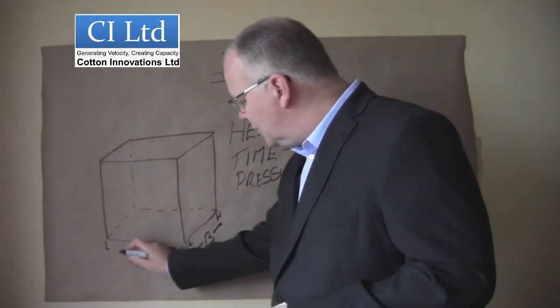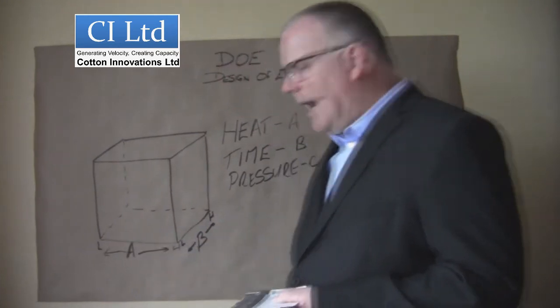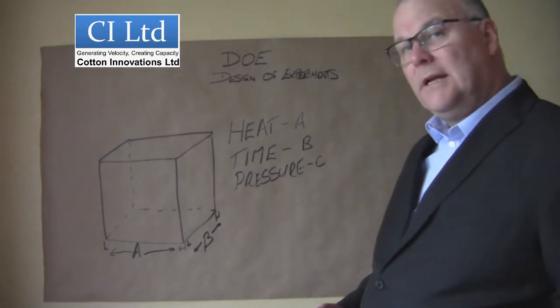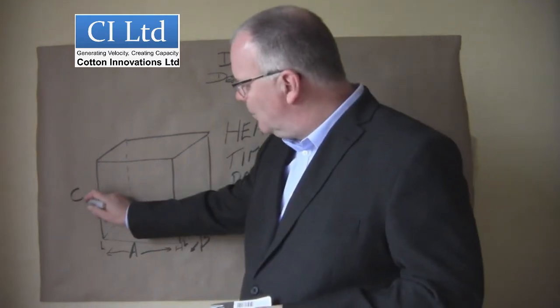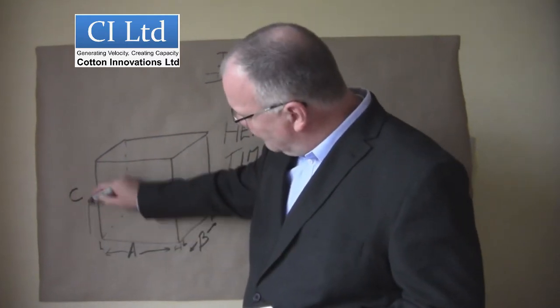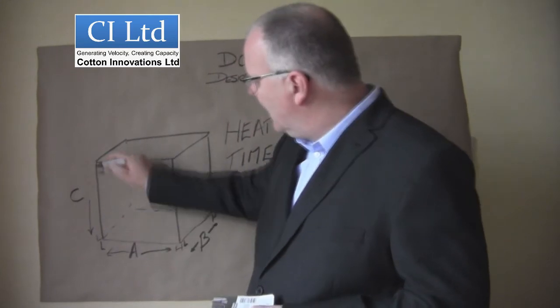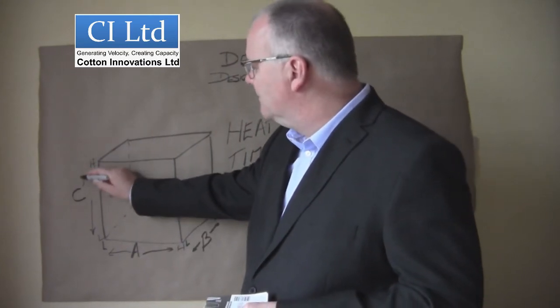So put an arrow in here to show which way it's going to go. And then also the third factor is C, which is pressure. So C would be here, and we can have it going low here and high here.